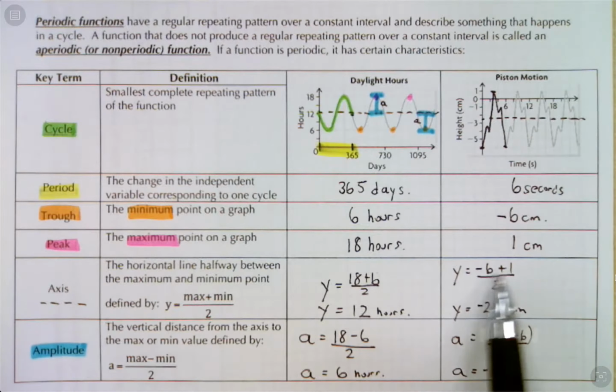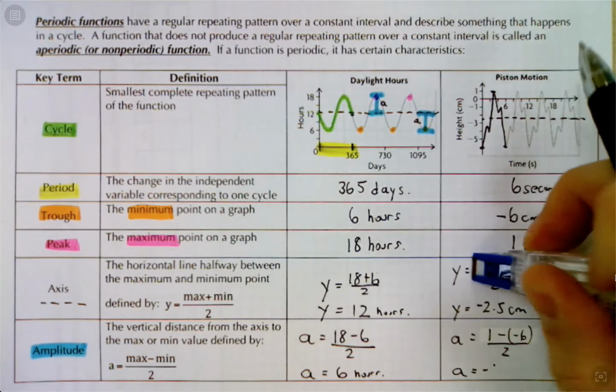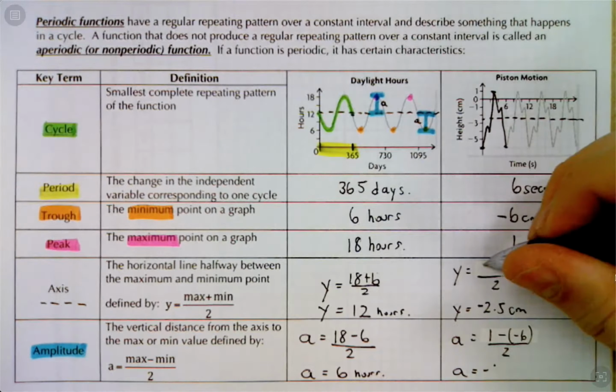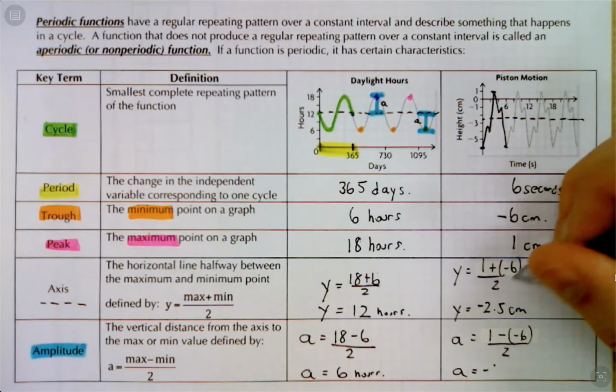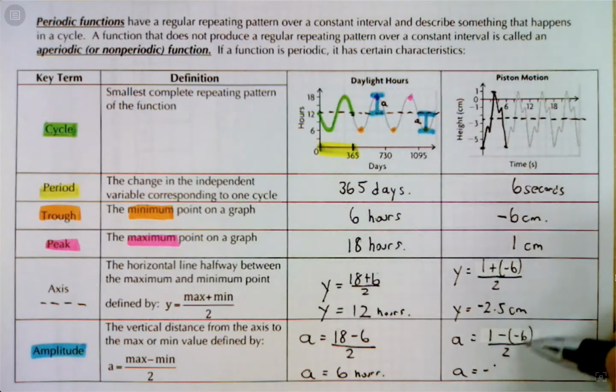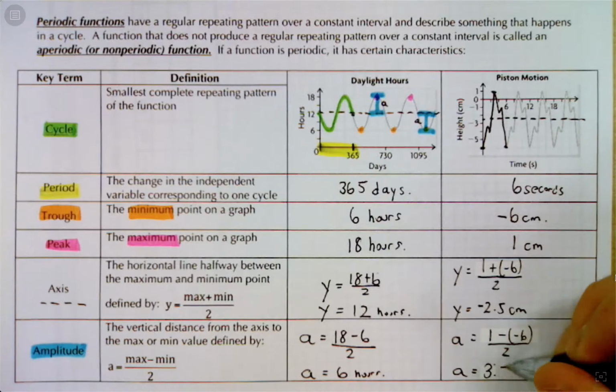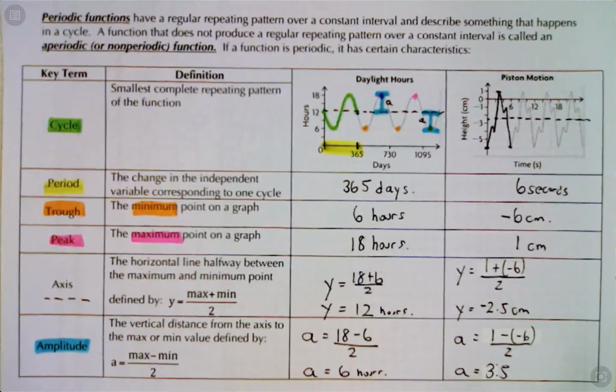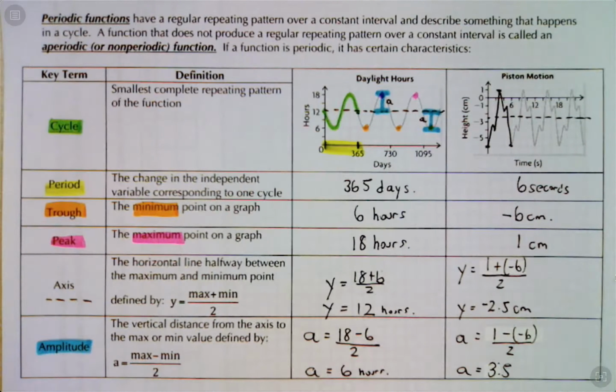Order doesn't matter for adding, but I did write it backwards. I'm going to change it. I apologize if you wrote it in pen. I just want to keep it consistent. Max is 1 plus the minimum. Doesn't change the answer. This one, it would change the answer because we're subtracting. So we get 3.5. So by definition, amplitude's always positive. So we should get positive answers for amplitude. Axis, not necessarily. Depends where on the graph you are.